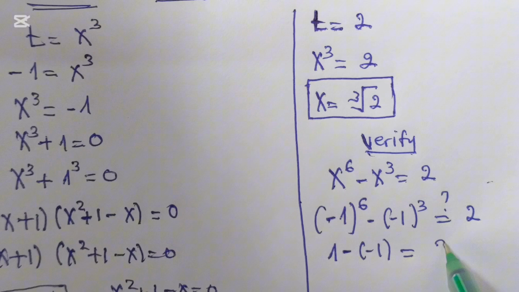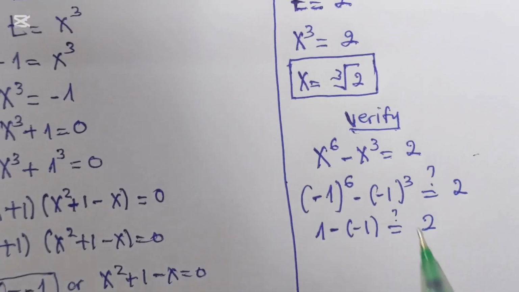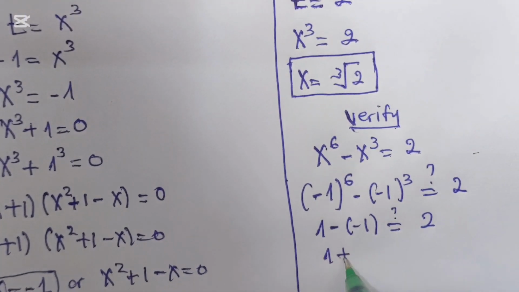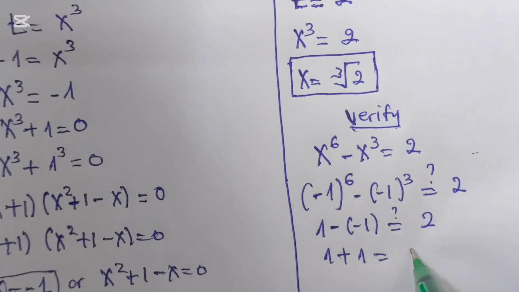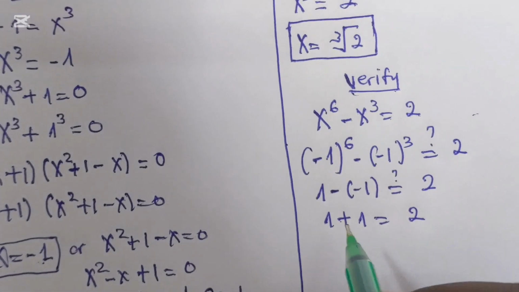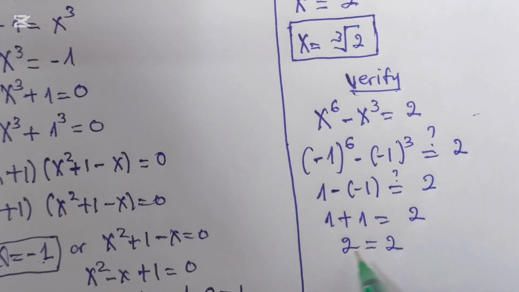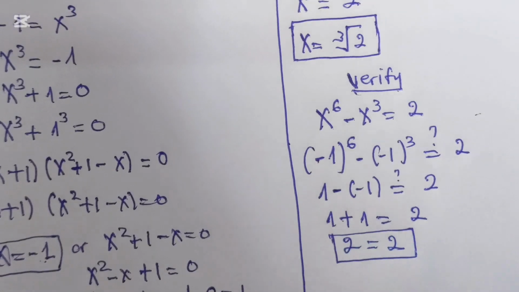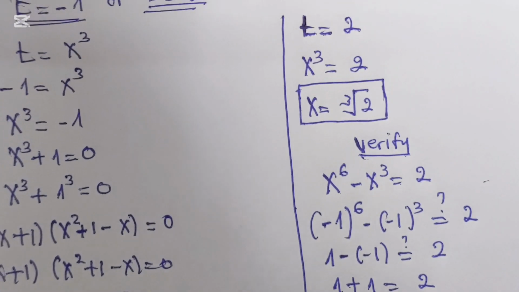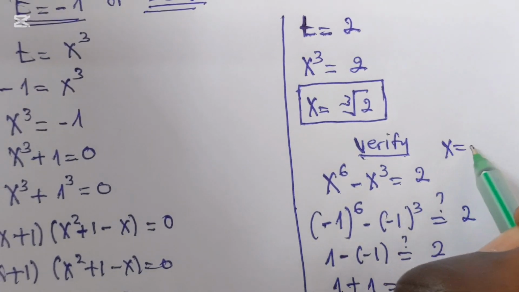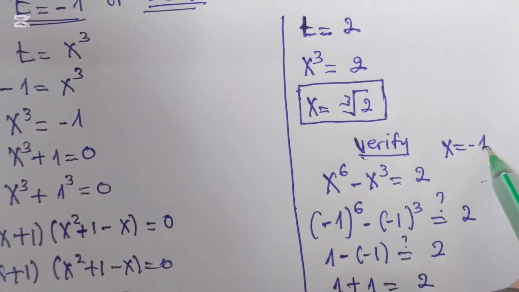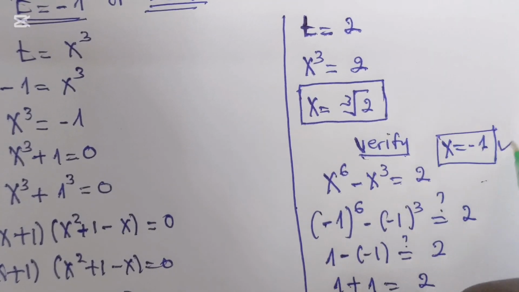So 1 plus 1 will be equal to 2, so that 2 is equal to 2. We can say our x, which is equal to negative 1, is a solution.